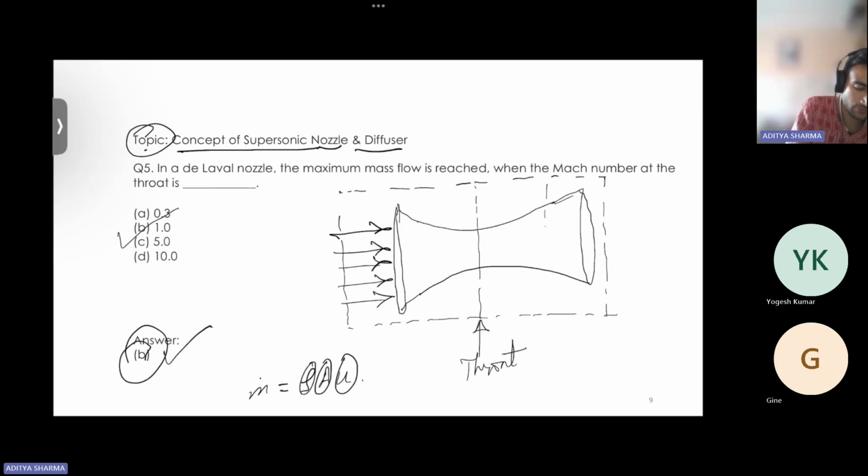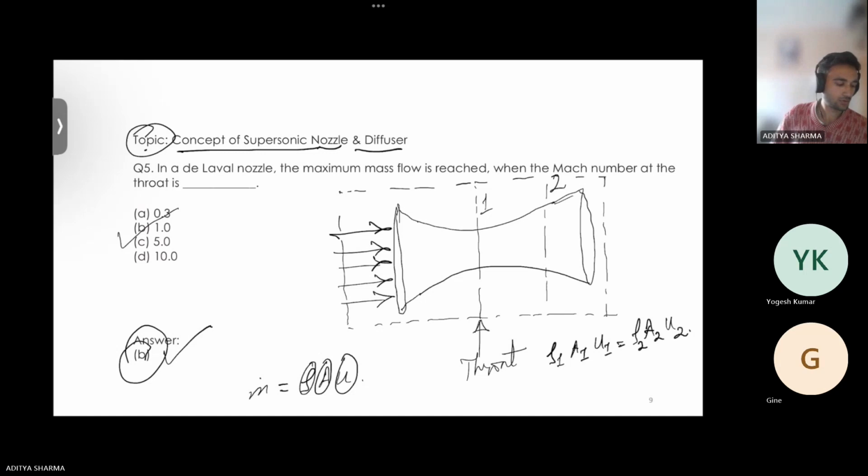Let us suppose this is 1 and this is 2. Rho 1 A1 U1 equals rho 2 A2 U2. So three parameters are there in this mass flow.